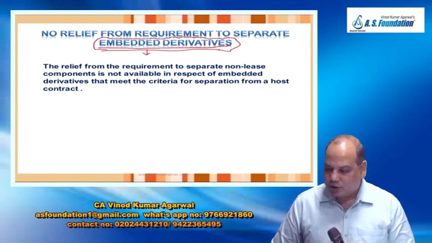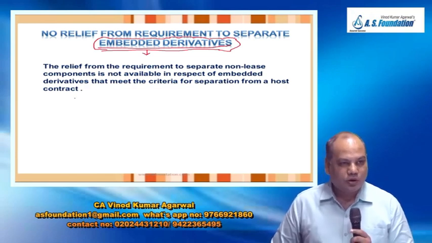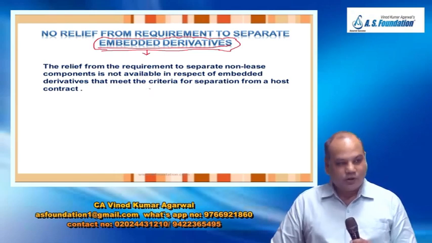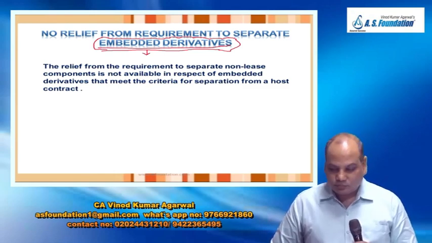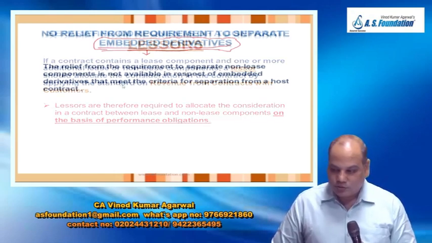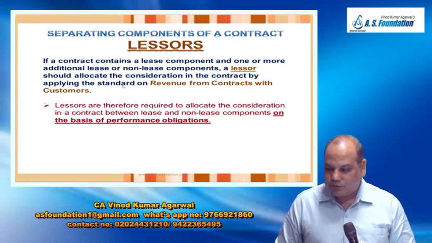The relief from the requirement to separate non-lease components is not available in respect of embedded derivatives that meet the criteria for separation from the host contract. So we write down: refer to the financial instrument standard, and there we have discussed it also. Let us move forward.